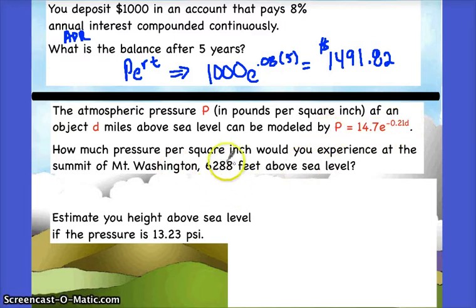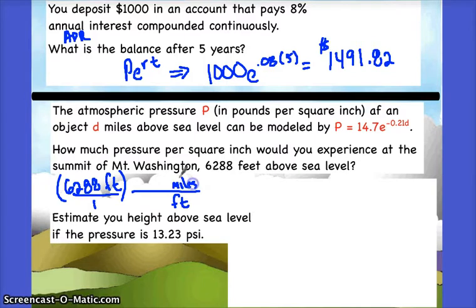However, notice they gave us feet in the problem. So 6,288 feet. First thing I need to do is convert that to miles. Well, if feet is on the top of a fraction, in order to cancel it away, I need to put it on the bottom. And remember that there are 5,280 feet in a mile.